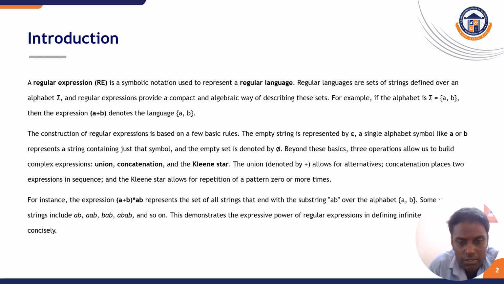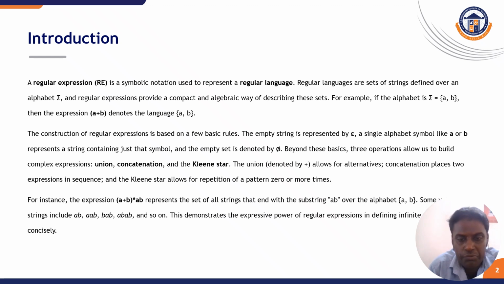For instance, the expression (a plus b) star ab represents the set of all strings with the substring ab over the alphabet a, b. Some strings include ab, aab, bab, abab and so on.